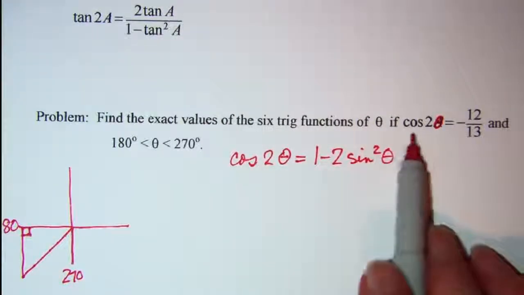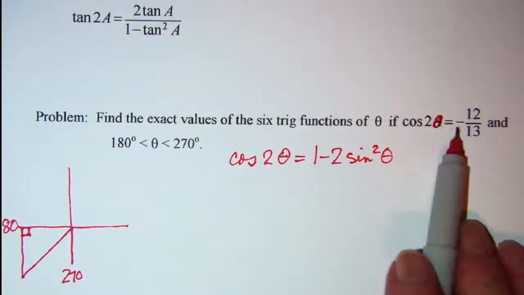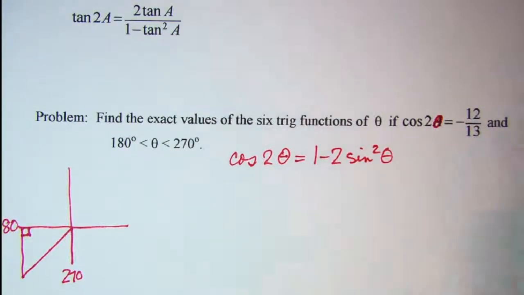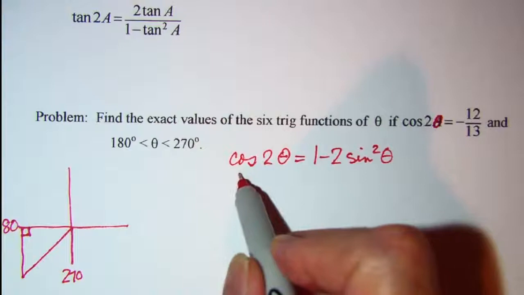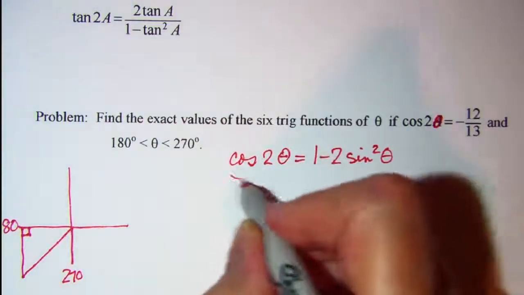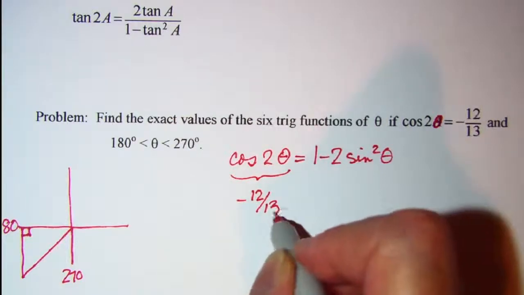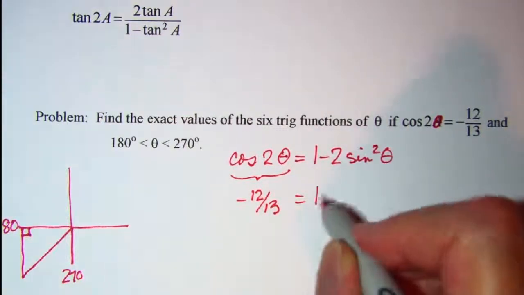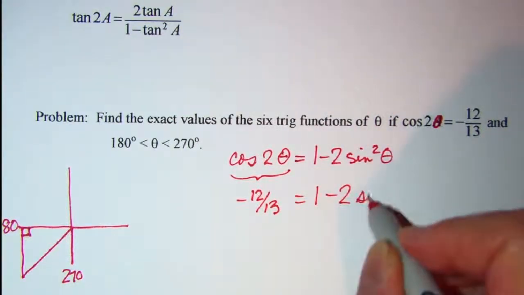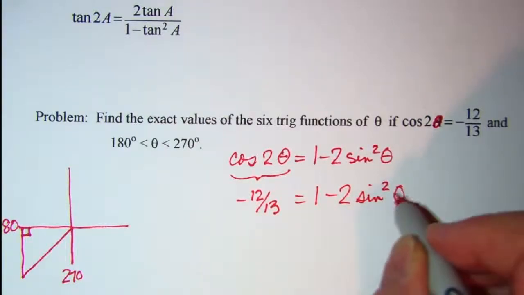And we're told that the cosine of 2 theta is a negative 12 over 13. So I can put that right here. This is a negative 12 over 13, and that equals 1 minus 2 sine squared theta.